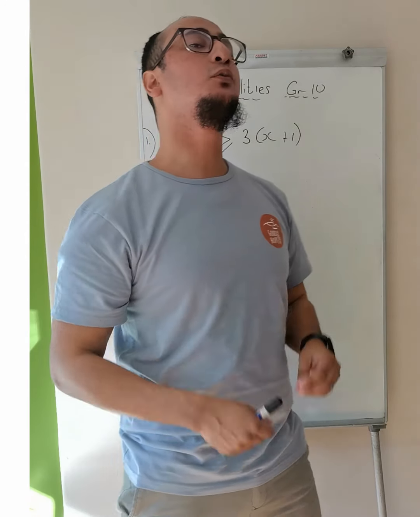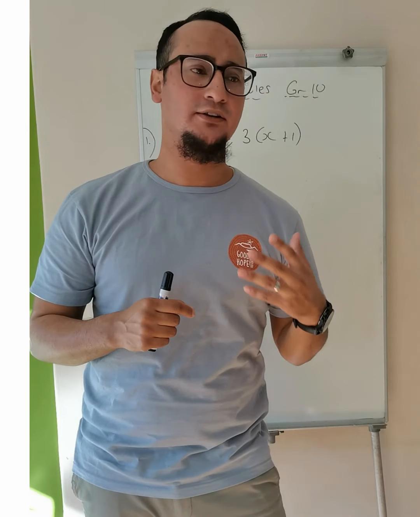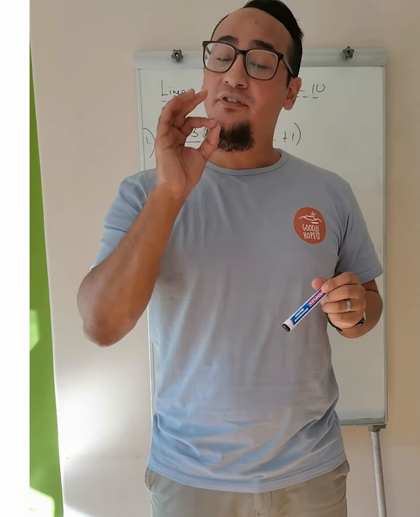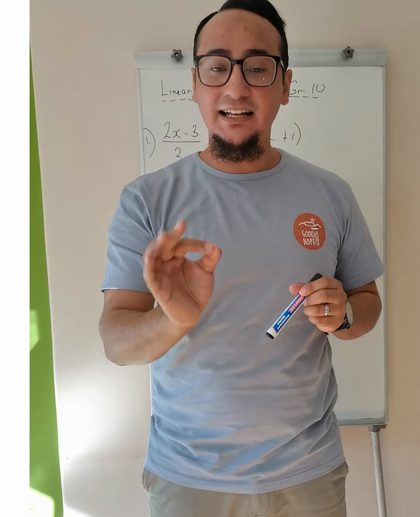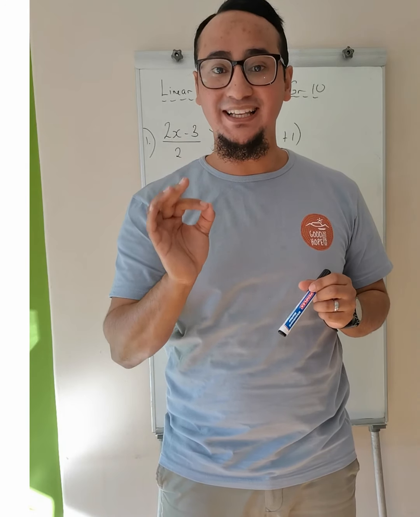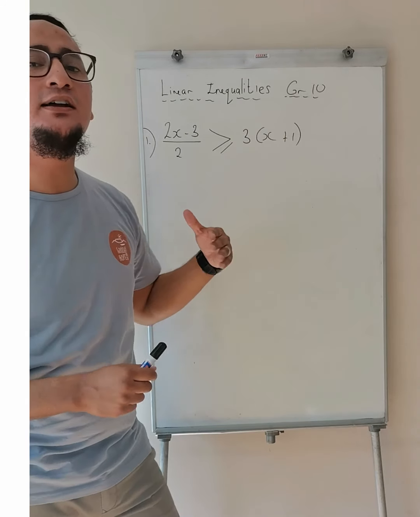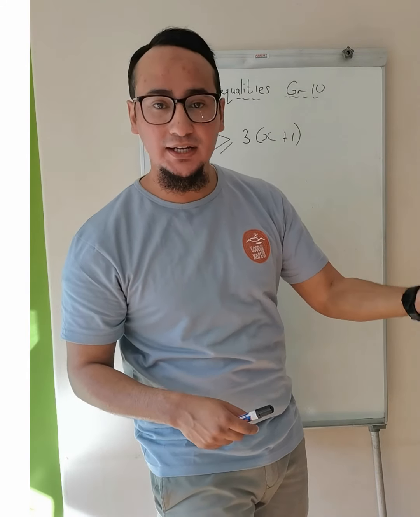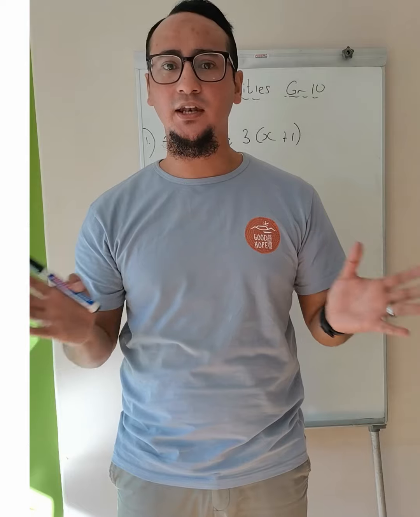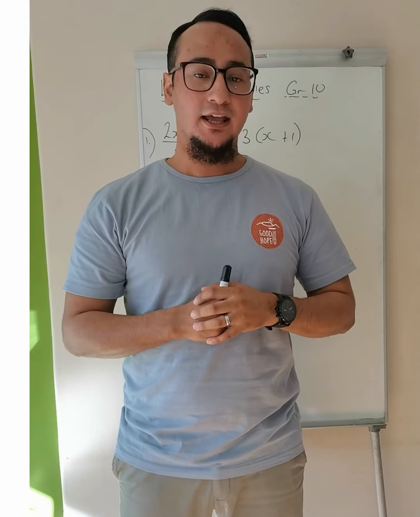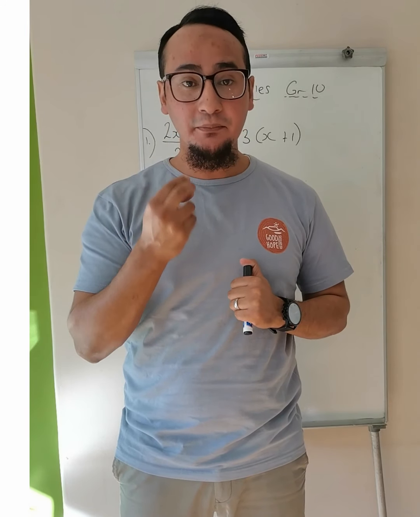Right, so one thing I want you to remember with linear equation, in fact two things. The first thing is you treat it exactly as a normal solve for x sum. The only difference is instead of an equal to sign, I have now an inequality. Okay, a more than or less than sign. Then the second thing is you should remember this.